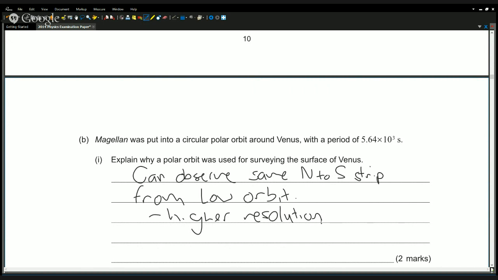This microwave beam is going to be more effective if it's closer rather than further away. So having a geostationary orbit... actually, that's a little bit more complicated because we're talking about Venus. I'm not going to get into that. I assume this is what they're talking about.